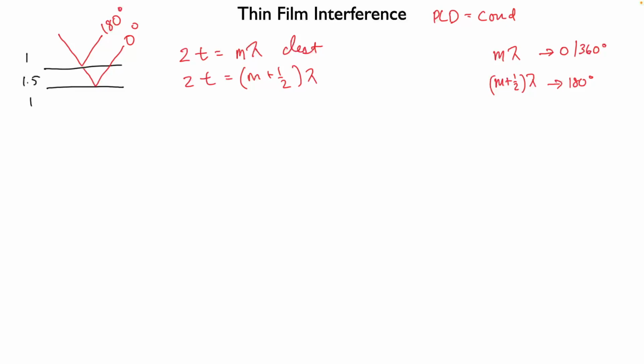So by saying m plus a half, I'm saying change the phase of the second ray by 180 degrees. If we change the phase of the second ray by 180 degrees, and the first ray is already 180, they'll both be 180. And so therefore we will have what kind of interference?